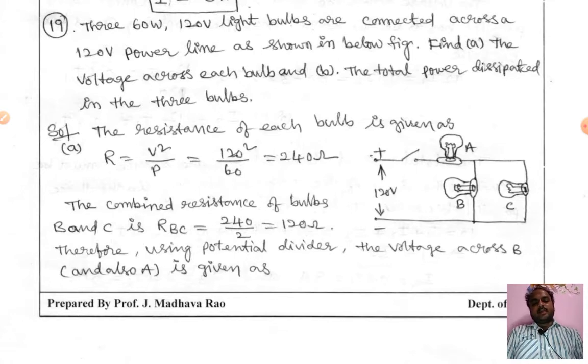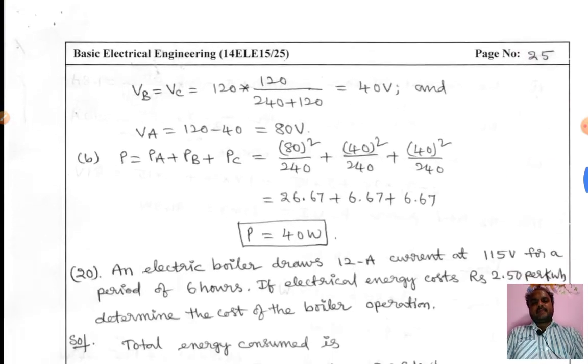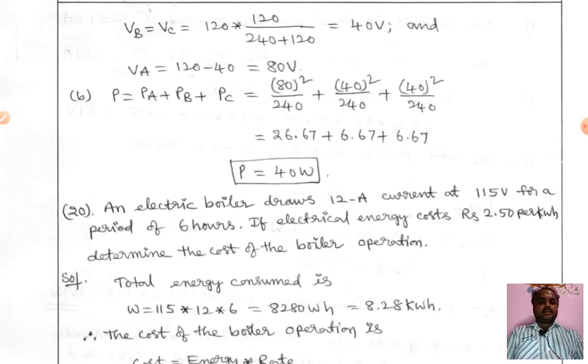Here we are applying the voltage divider. The voltage across B is, since these two bulbs are in parallel, the voltage drop will be the same. So 120 into 120 by 240 plus 120, that is equal to 40 volts.